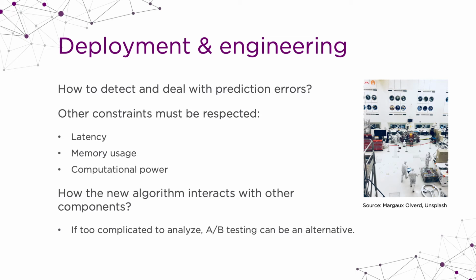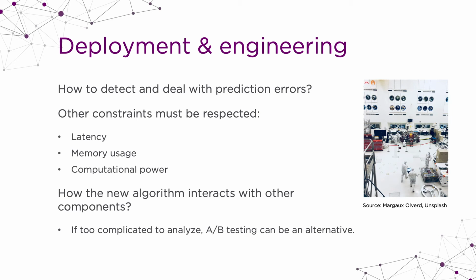Errors are part of real life. And how can I detect these errors before providing the information to my user and dealing with this error? Maybe I can use another model which is less good, but at least for this given data point as an input, maybe it can provide me an alternative prediction which is not an error. Also, I can use default values if it's possible.